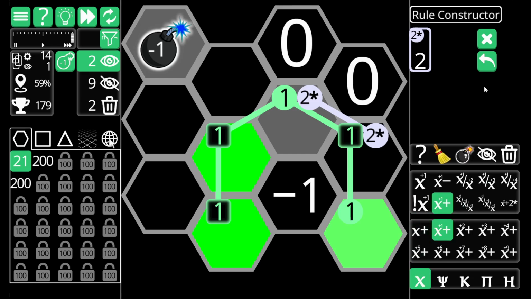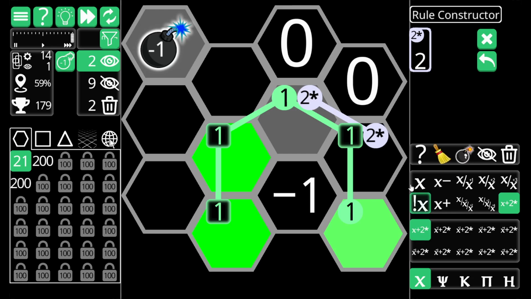So if its size... If it's marked as x plus 2k, and its size is at most x plus 2 plus 2k, I can't say at most, can I?